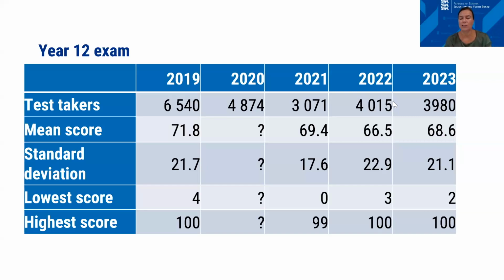The mean score was very similar to previous years, so it was 68, almost 69%, which is very close to 2022 and 21. Okay, maybe the lowest score, and nobody got 0 points, so the lowest score was 2 points, and the highest was then maximum 100 points.